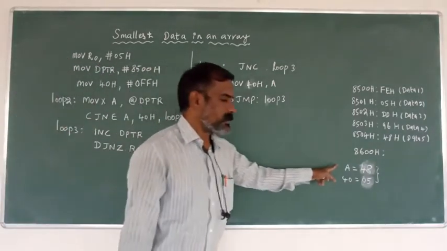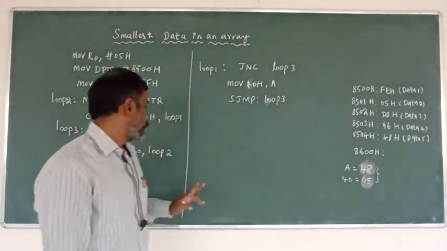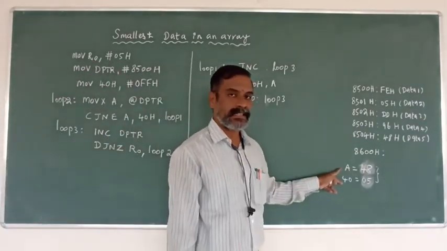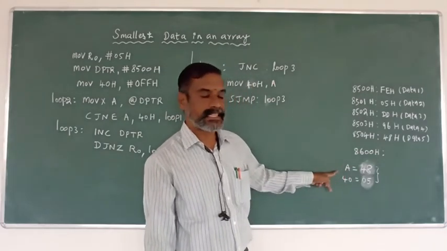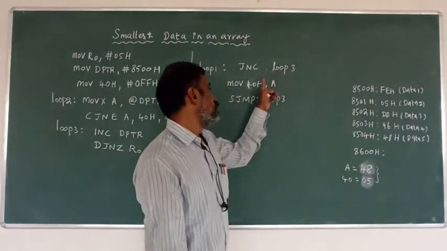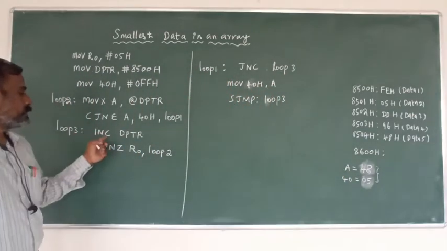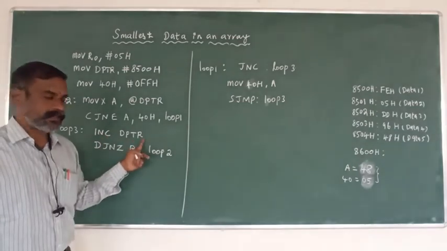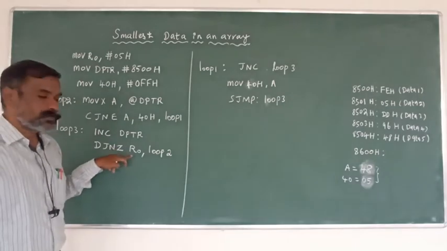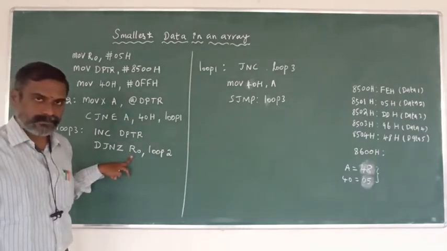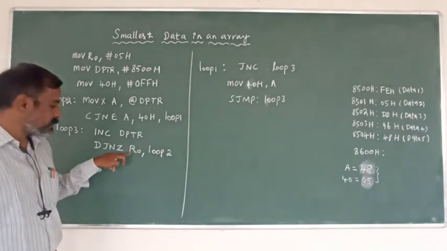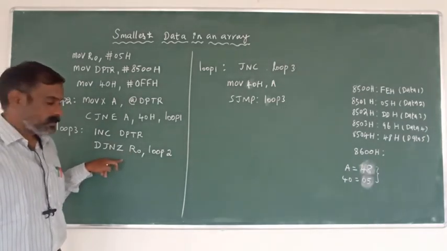Here both are not equal. Again this condition is satisfied. Jump to here. Now check the carry status. This is also the carry flag in reset condition. Why? The accumulator content is larger. So directly jump to here and increment the DPTR. After that decrement the R0. R0 will be 0. Now this condition is unsatisfied. Unsatisfied means execute the next address location instruction.